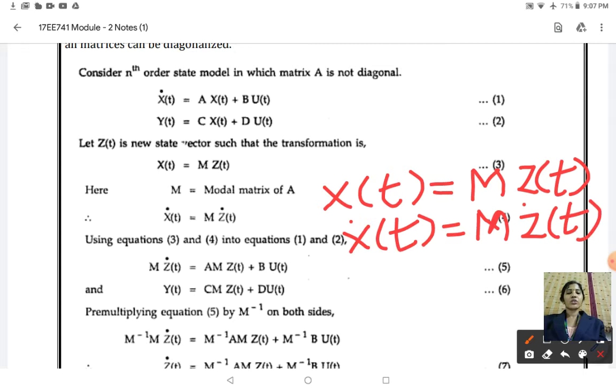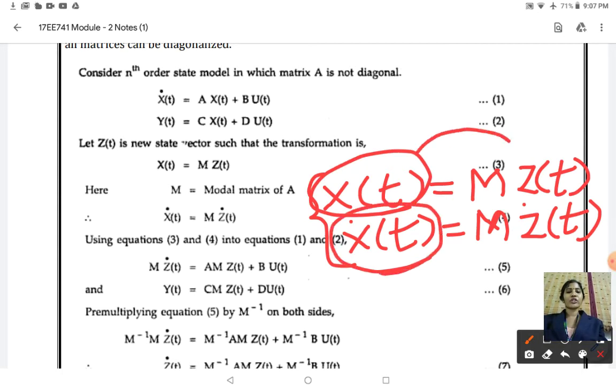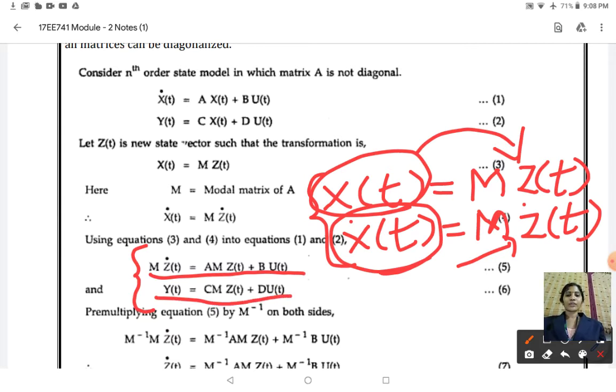So in both your state equation and output equation, you replace x of t and x dot of t with the new state vector M z of t and M into z dot of t. After replacing, you will obtain this particular equation. It is the modified form of your state equation, and this is the modified form of your output equation.